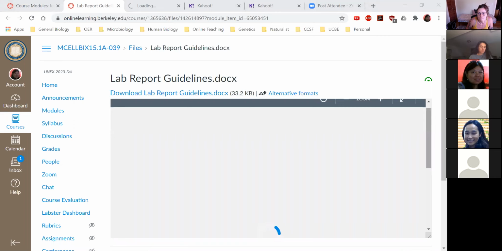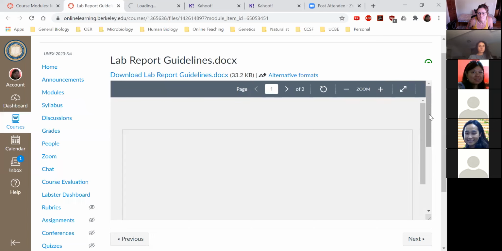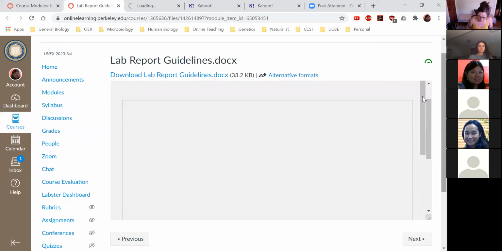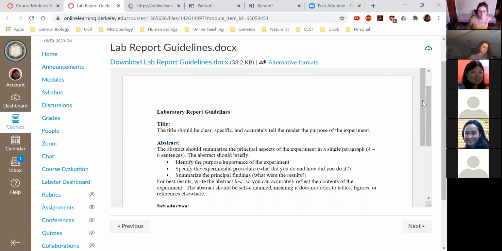So you do want to do a good job with the lab report. It takes forever to load. Okay, if you just download the guide, it's a Word document.